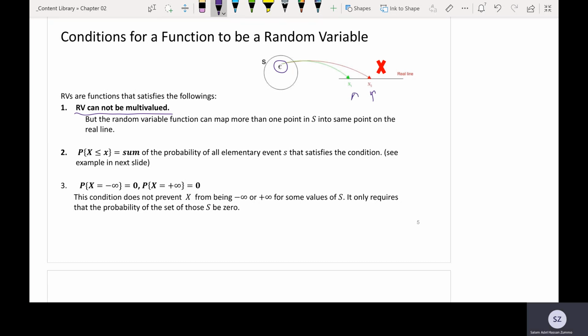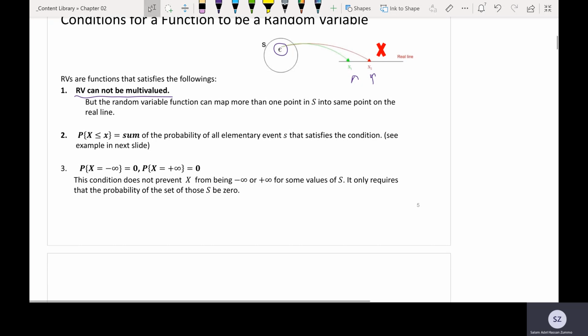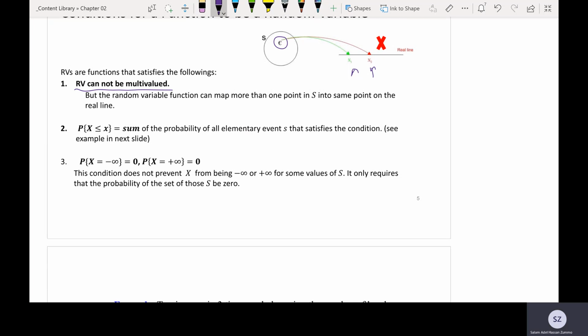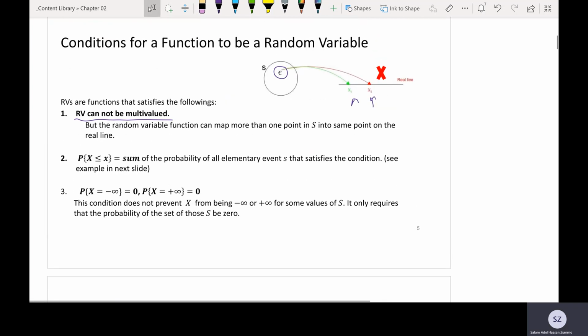One sample element is mapped into 1 single value. 2 sample elements can take the same value, but not the other way around. 1 element cannot take 2 values. This is the first thing. It cannot be a multifunction. This is the condition. The rest are basically characteristics or properties. You can think about it.